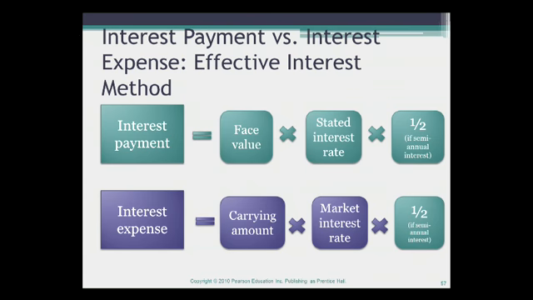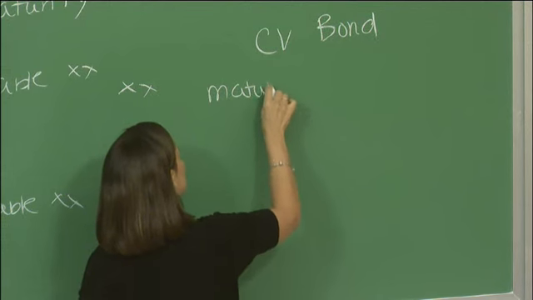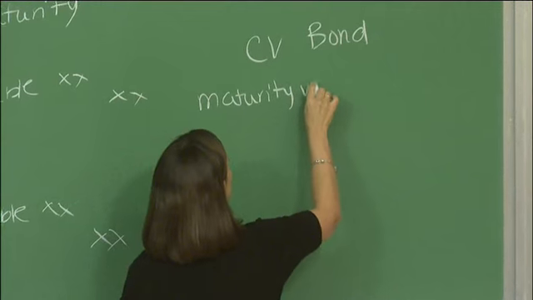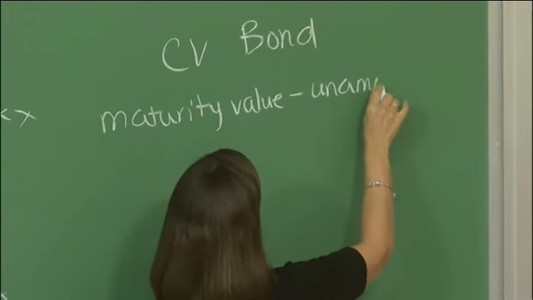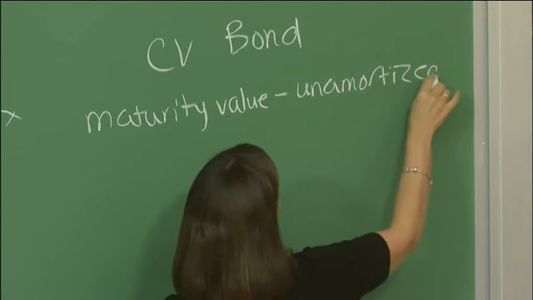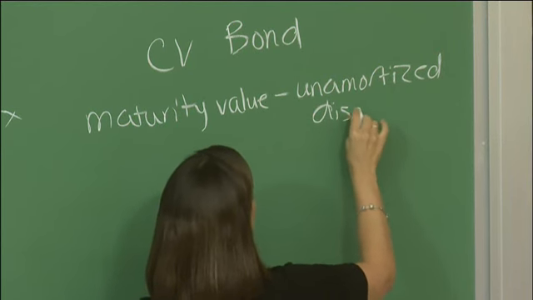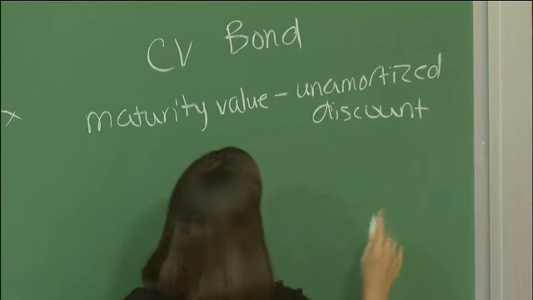Remember what your carrying value is. In the case of a discount, your carrying value is your maturity value minus any unamortized discount. So in other words, whatever amount of discount you have left.